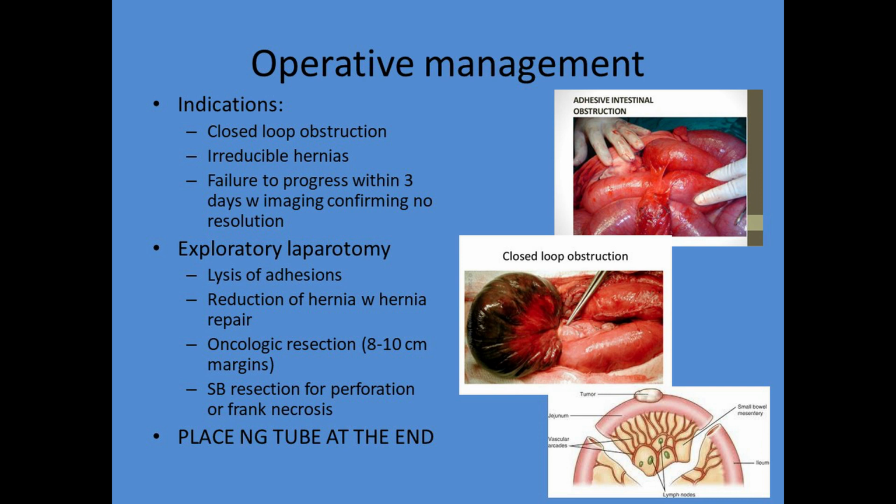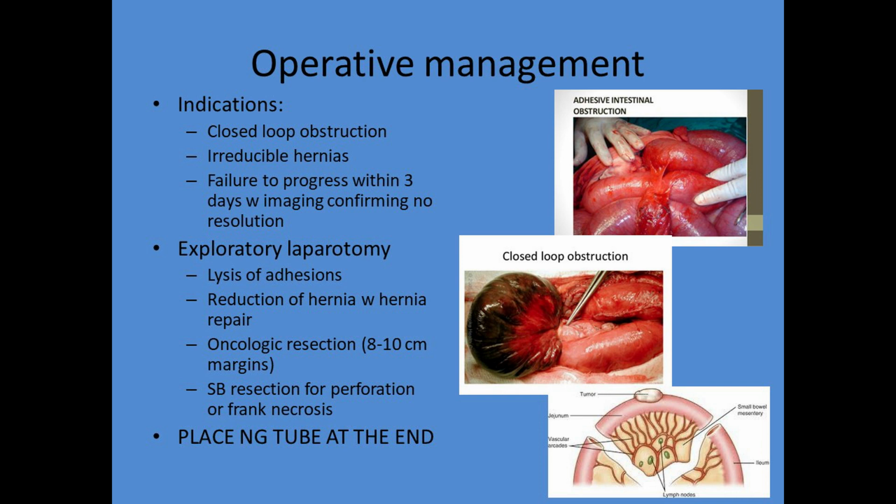So typically, when the exploratory laparotomy is chosen, lysis of adhesions can resolve the obstruction if that's the cause. You can reduce the hernia and potentially perform a hernia repair if the patient hasn't perforated any bowel. You can perform an oncologic resection, keeping in mind that margins are important.